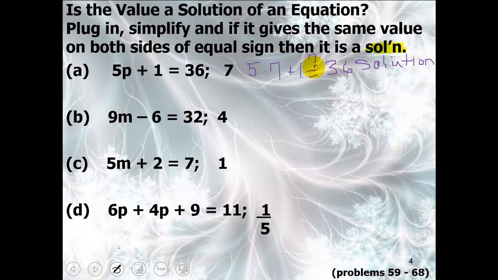I have to do multiplication on this side first. So 5 times 7 is 35, plus 1. Does it equal 36? Then 35 plus 1 is 36, and 36 equals 36. So yes, it is a solution. Yes, 7 is a solution.